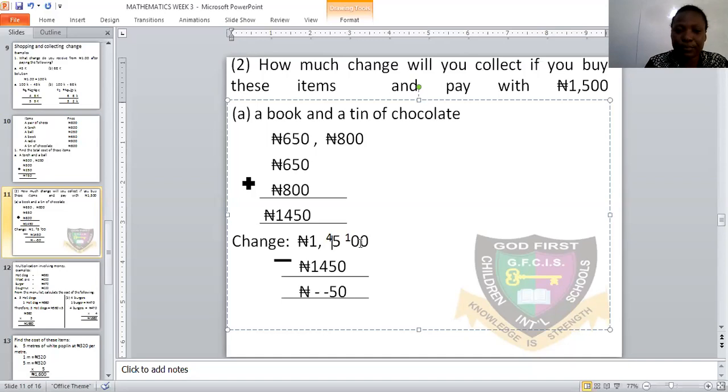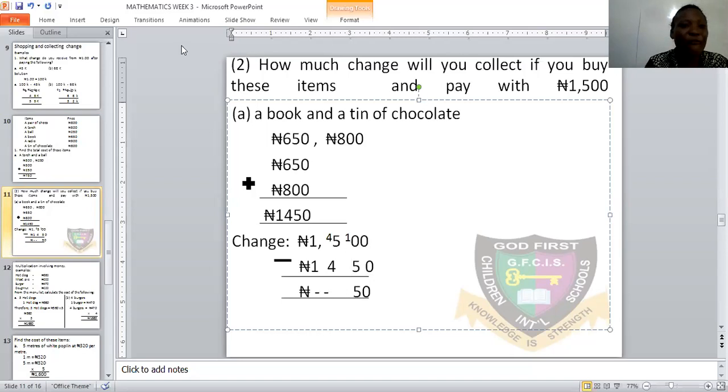10 take away 5 will give us 5. While you have 4, 4 take away 4 gives you nothing. Remember, we have reduced the 5 to 4.